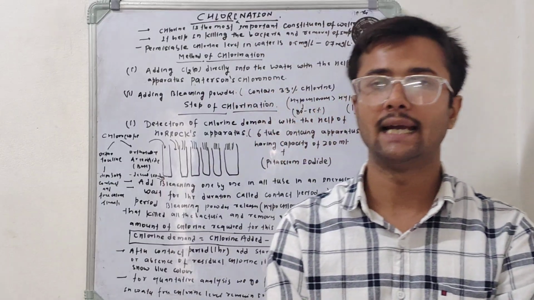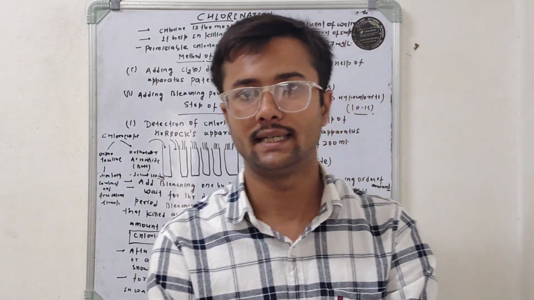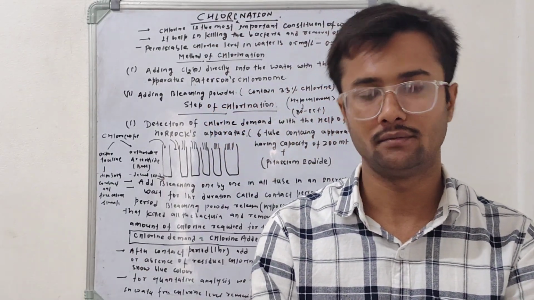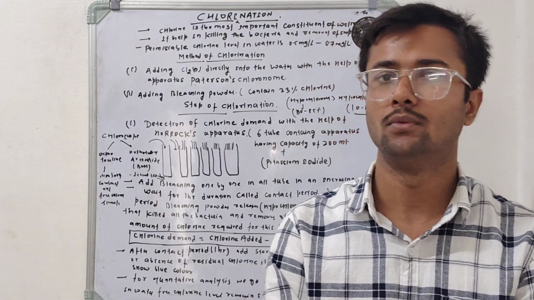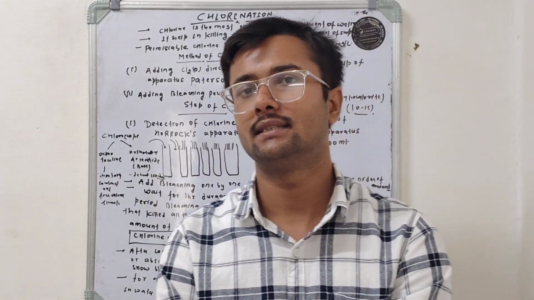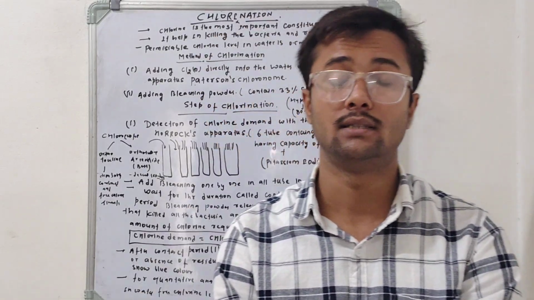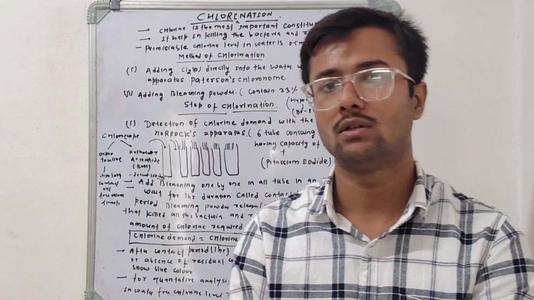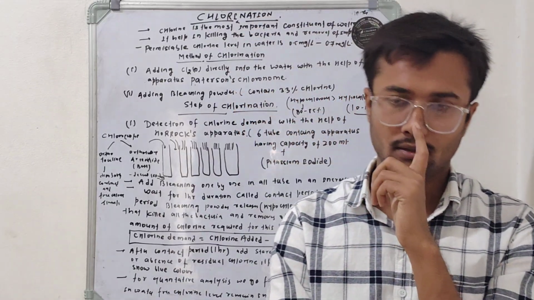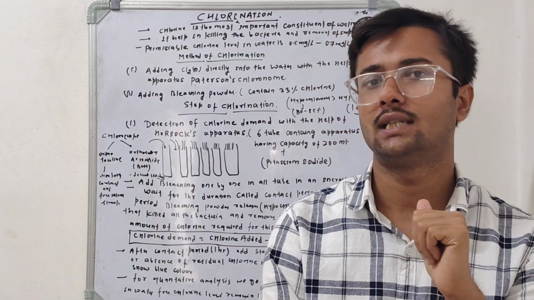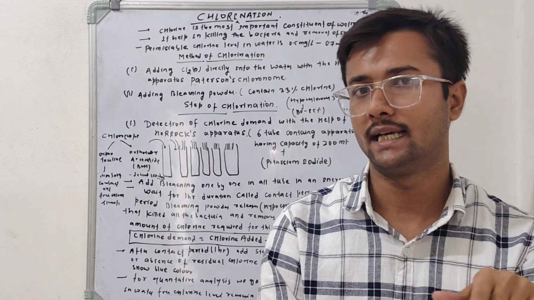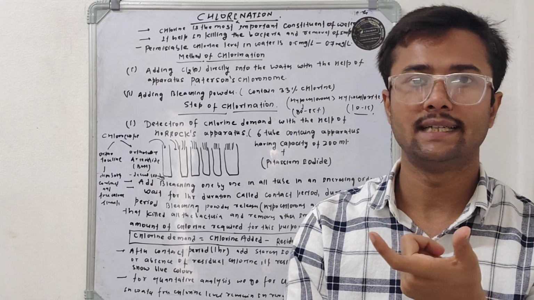So first we have to identify which samples contain residual chlorine. For this identification we add the starch iodide, and the sample which turns blue indicates that the sample contains residual chlorine. But the point to be focused on is that this potassium iodide test is a qualitative test.